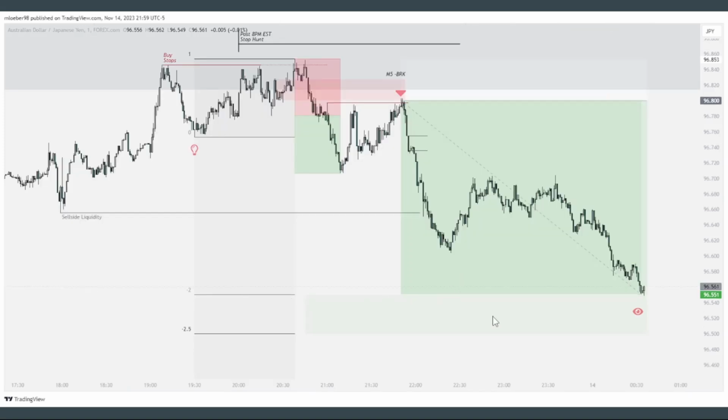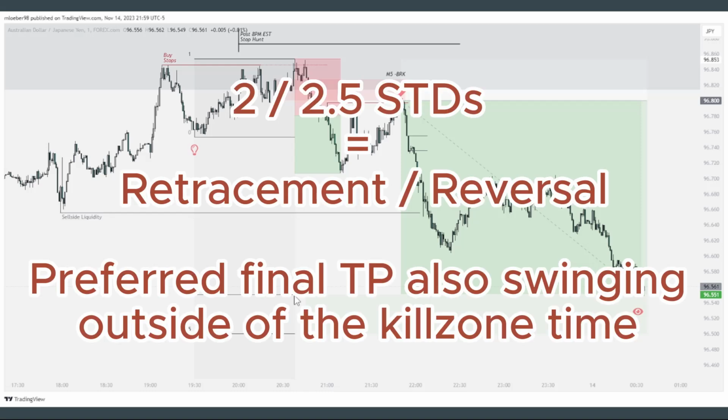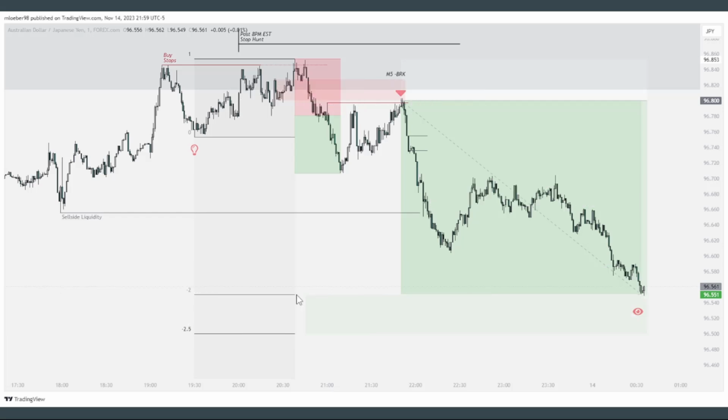Now here is the extended result of us reaching our finalized target of 2 standard deviations, and at 2 standard deviations is usually where I would take off the final bit of my position, or leave it running lower to a lower resting liquidity pool.